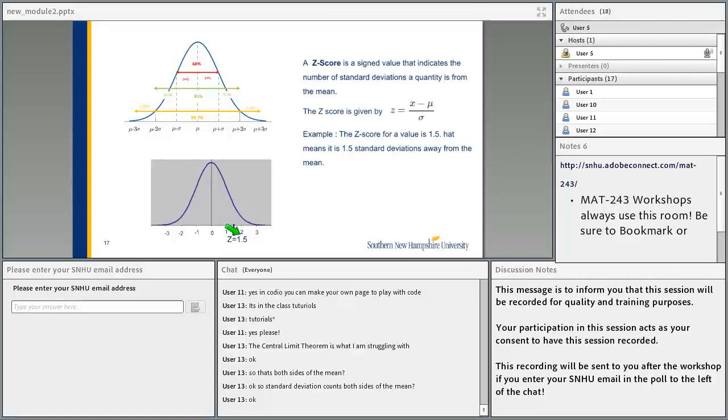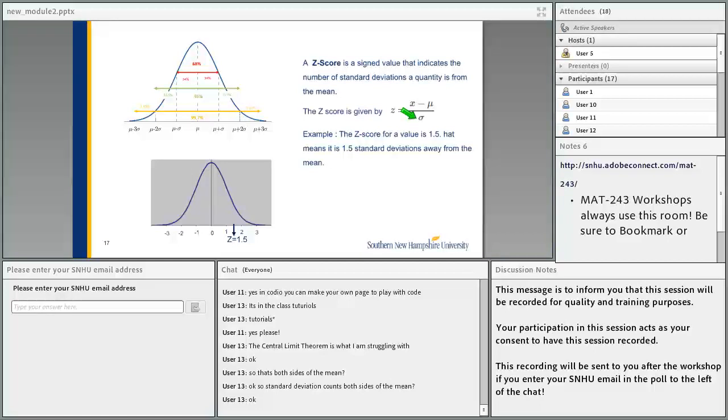Okay, the Z-score. So the Z-score is given by x minus mu over sigma. x is the value that you have in your graph, any point in your graph. Mu is the mean, and sigma is your standard deviation. So for any value x in your graph, you can find the corresponding z value.